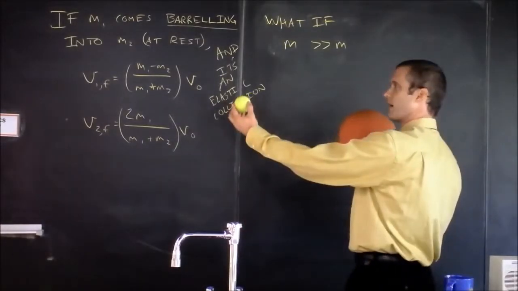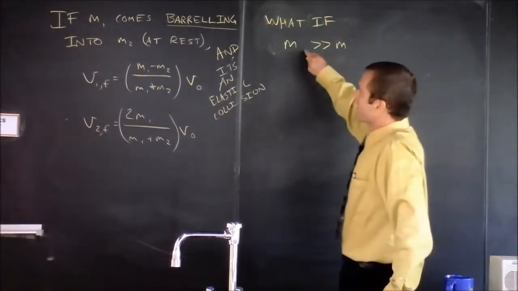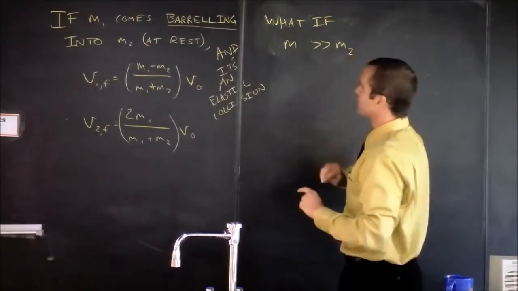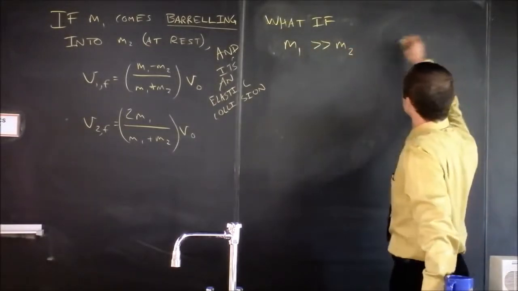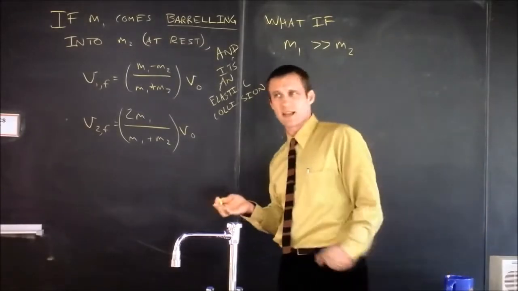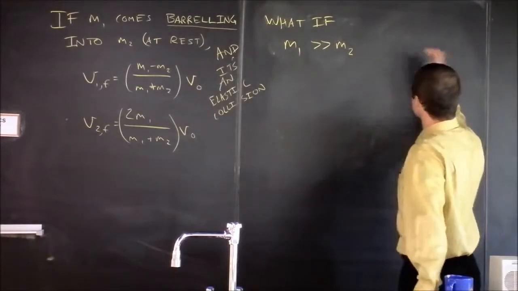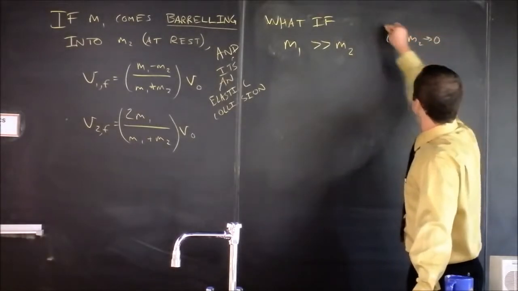So we're doing something like this. And I can do that a little bit cleaner in a moment. But I want the thing that's at rest to be light, and the thing that is coming in to be supermassive. So this is like a rhinoceros hitting a fly on the run. And that's pretty interesting. So another way of looking at this is that m2 goes to 0.